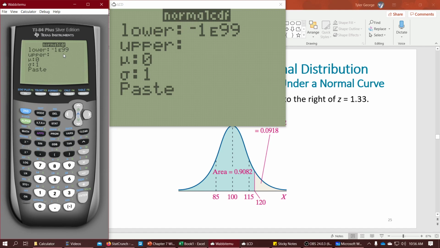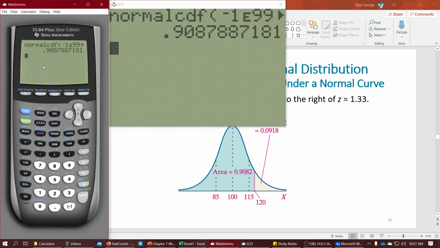That's essentially saying down to negative infinity or negative forever. Okay, upper, we're going to put in the z value, so 4/3. Okay, hopefully it doesn't give me an error there, or we can put in 1.33. The mean and variance, because we're using a standardized value, we leave as 0, 1. Okay, so enter, and it gives us 0.9087.